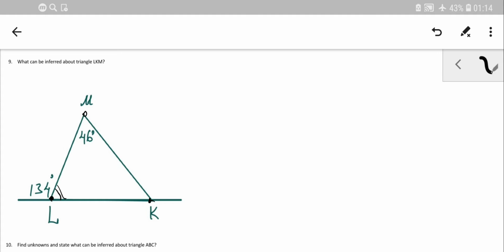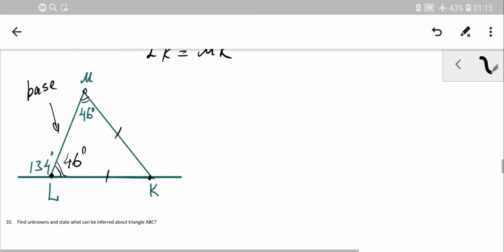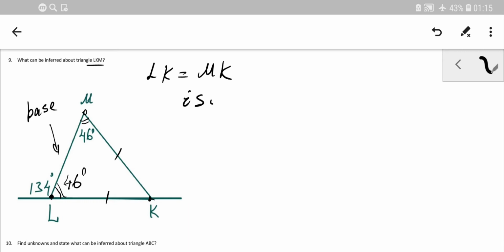So 180 minus 134 is how you can figure out angle MLK. It's simply 46. Because we know two angles are the same at the base, we can consider triangle LKM as an isosceles with two equal sides, LK equals MK. So that's an isosceles triangle as the result.